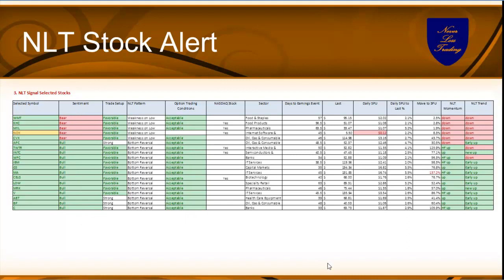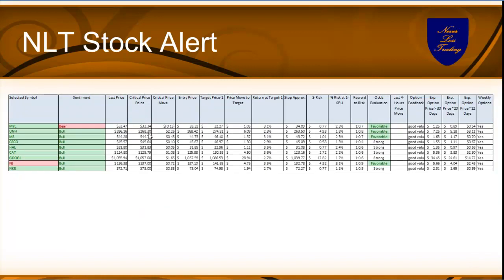Again, if you subscribe, I'll send you a little video that explains how to read that and how to make use of these Excel sheets and the highlighted individual stocks, because there you will see, for the ones that we selected, the last price, critical price point, entry price, that's the price threshold for a buy stop or sell stop order, and also price target 1. And you see the reward to risk here. This is strong, 1 to 0.8.